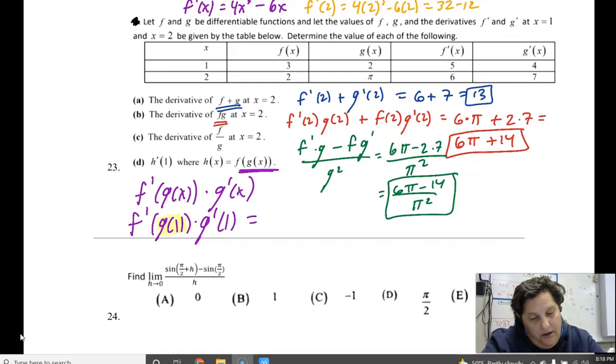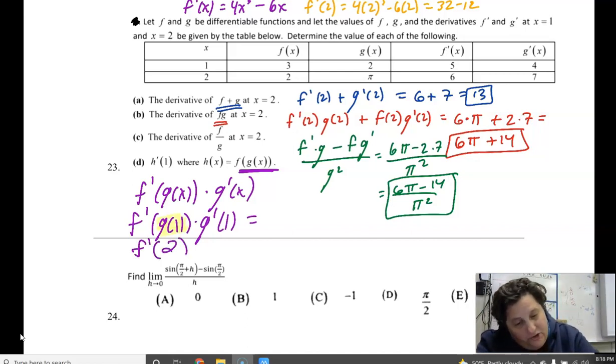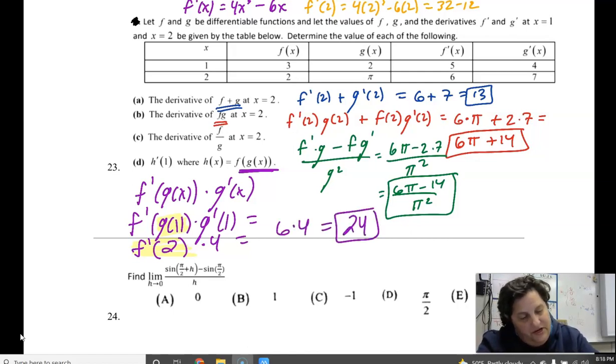G of 1 is 2. G prime of 1 is 4. And then now I'm going to do this. So f prime of 2 is 6. So it'll be 6 times 4, which is 24. All right?